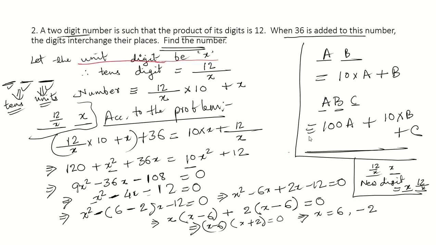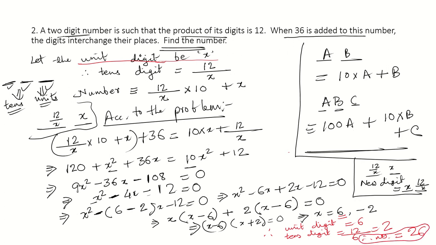It cannot be. So we have considered the units digit as x, so x has to be positive. Therefore the units digit equals 6 and the tens digit becomes 12 over x, which is 12 over 6, equals 2. Therefore the number becomes 26. So this will be the answer.